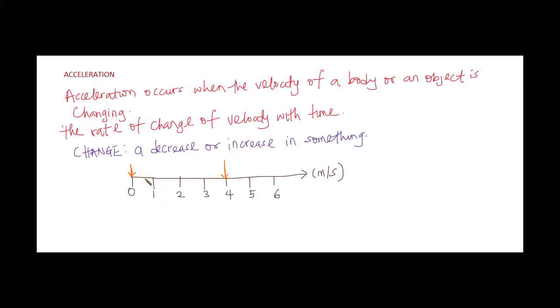So if we want to find the change in the person's velocity or speed, this will be 4 minus 0, because this is the initial point and this is the final point, and that will be 4 meters per second.